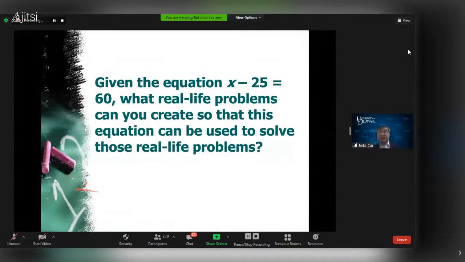The third task is: given the equation x minus 25 equals 60, what real-life problems can you create so that this equation can be used to solve those real-life problems? Again, the students divide into groups, and each group poses 2 problems.